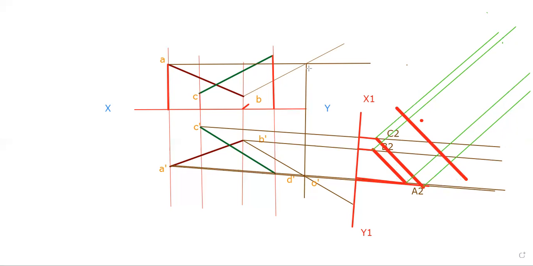And I'm going to label this line x2, y2, let it be red. x2, y2.